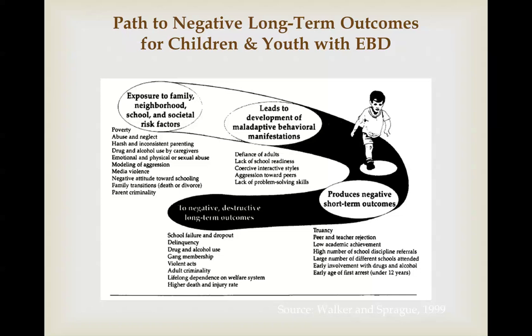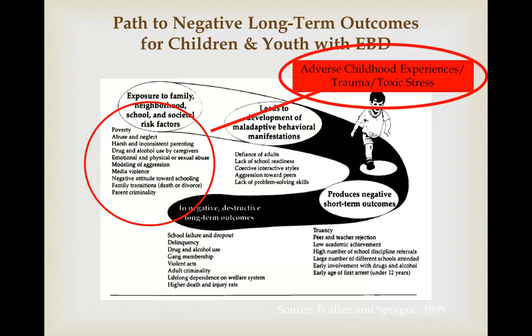Intervening and changing this pathway, on the other hand, is far more difficult for us. But in more current thinking, this was '99, we think of this exposure to family, neighborhood, school, and societal risk factors as adverse childhood experiences that create trauma and toxic stress in the students' lives.